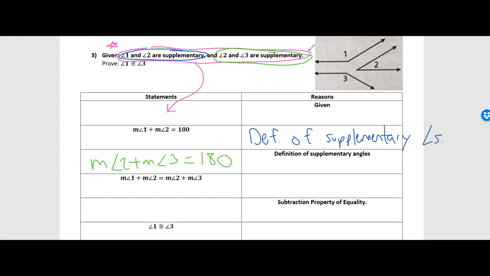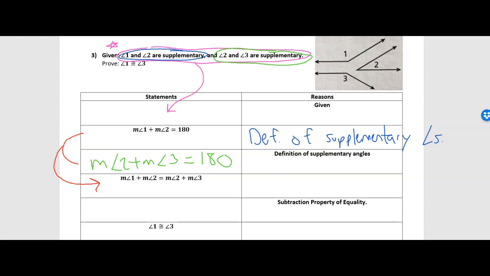Now, the next equation, we've sort of combined these two right here. There's an algebraic property we're looking for because I have angle 1 plus angle 2 equals 180, and then 2 plus 3 equals 180. Then I come down here and it says 1 plus 2 equals 2 plus 3. The angle measurements, that is.